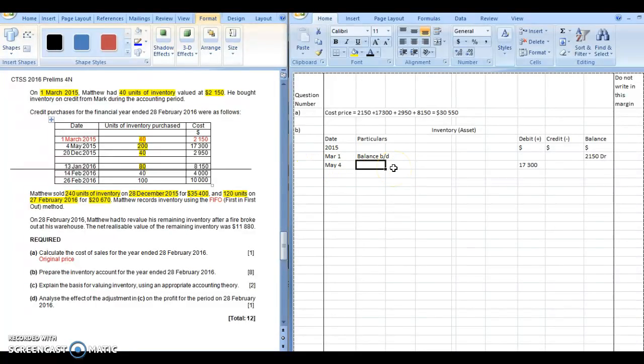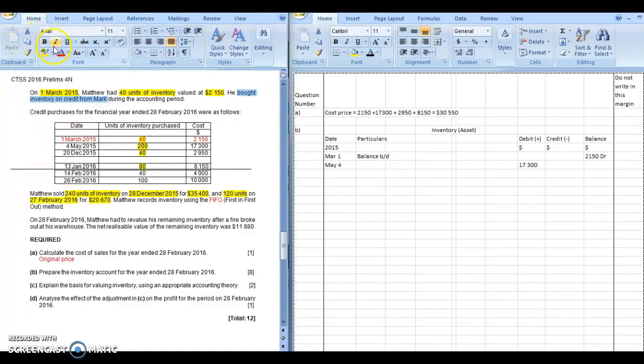Either you pay cash to the supplier, or you owe them money first, you pay them later. How do you know? Go back to the question and see here that the business actually bought inventory on credit from Mark. So the word on credit here means that it is not going to be cash, or cash at bank or cash in hand. It's going to be trade payable dash Mark.